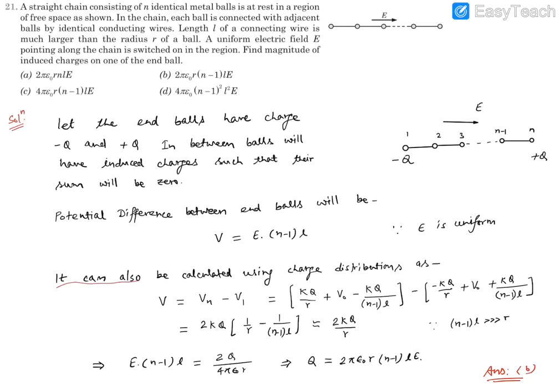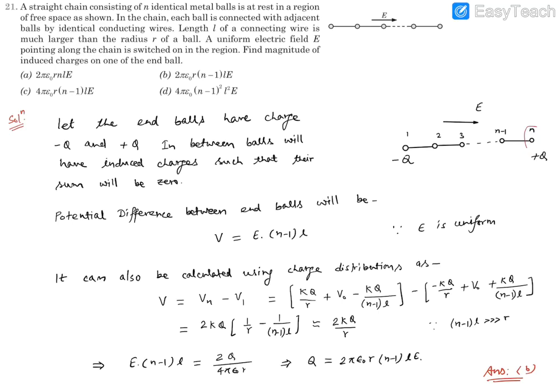Further, this potential difference can also be calculated using charge distributions. So let's calculate the potential at this location and this location. We'll calculate the potential of 1 and the potential of n, and then take the difference to find the potential difference. So V is going to be Vn minus V1. Now how do we write the potential of this ball, or the center of this ball?